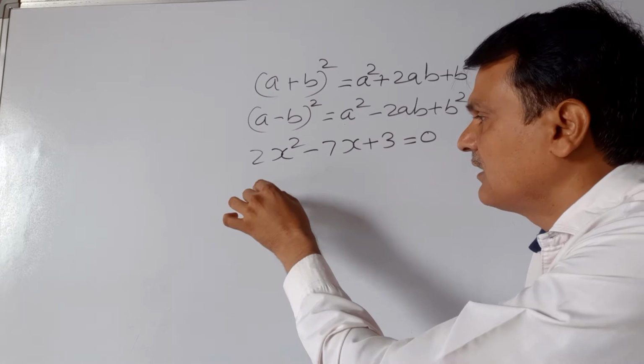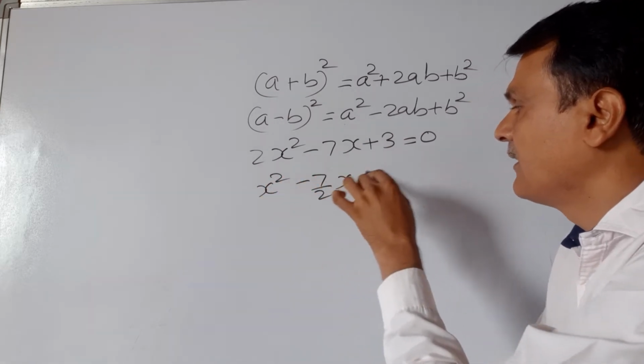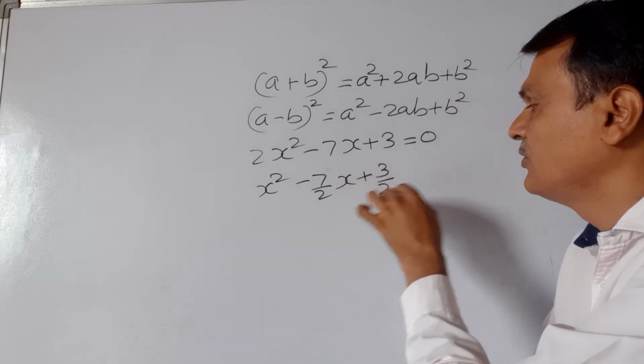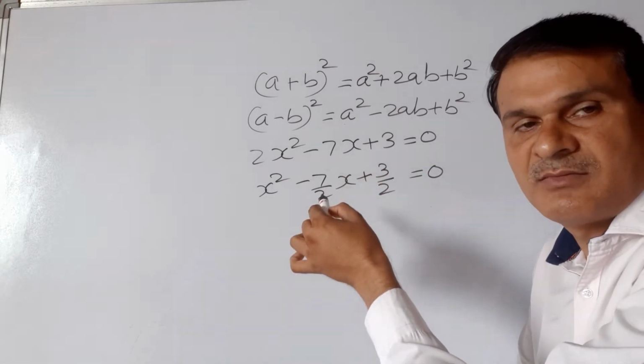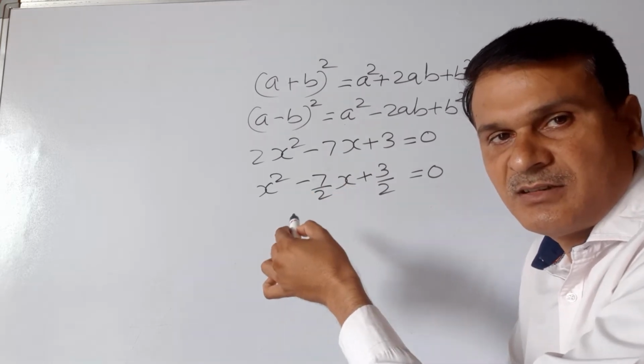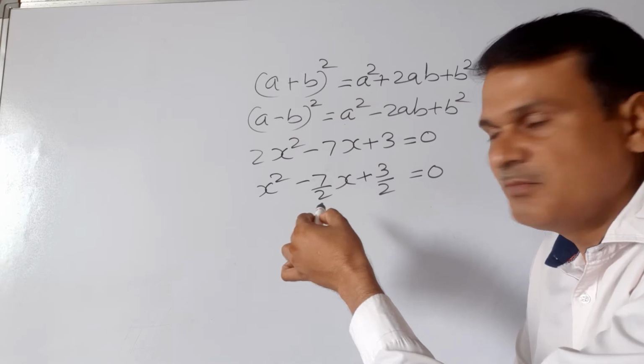We get x² − (7/2)x + 3/2 = 0. This equation, by rearranging into (a − b)², we will solve.